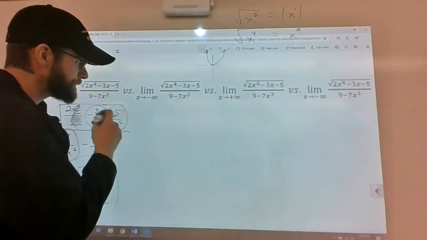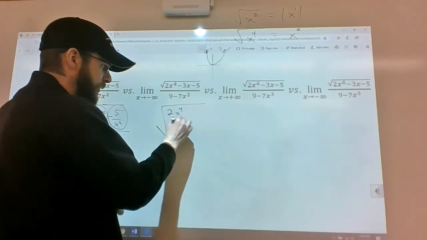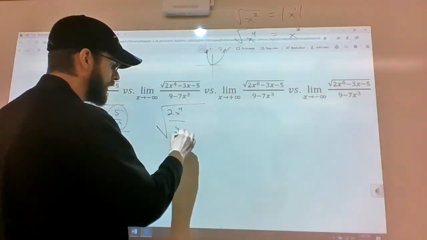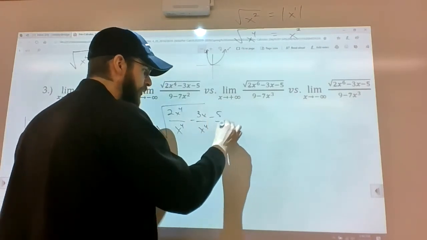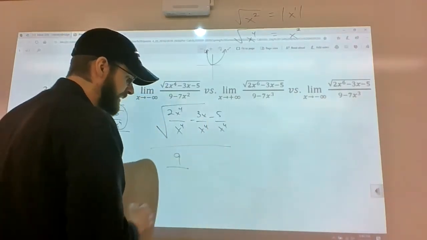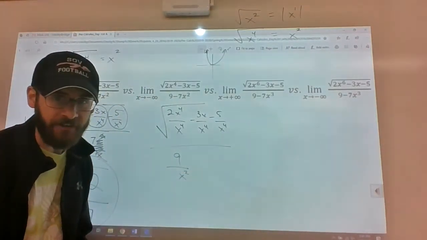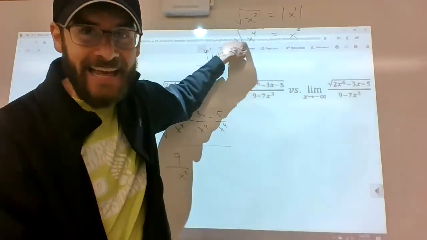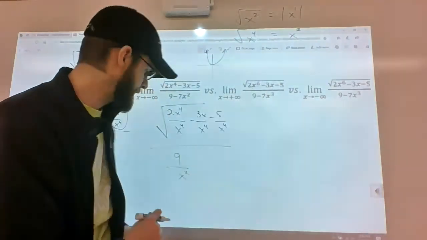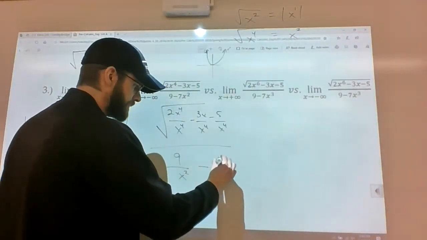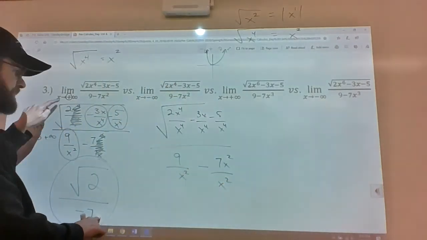So this is still going to be 2x to the 4 divided by x to the 4 minus 3x over x to the 4 minus 5 over x to the 4 over 9 divided by x squared. We're not negating it just because it's going to negative infinity, because this will never be negative. You'll never have a negative x squared versus a positive x squared. Always positive. So that's interesting. It's the same answer for this particular situation.